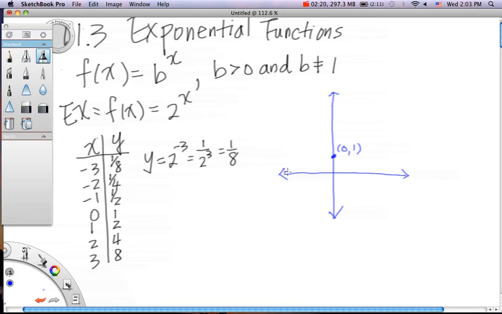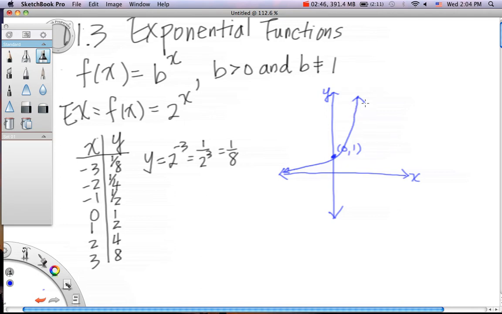Notice that when x is very, very negative, you're going to have a very small y value, but the y value will never be 0. And as x gets larger, the y value increases very quickly, and that's one of the special properties of exponential functions.